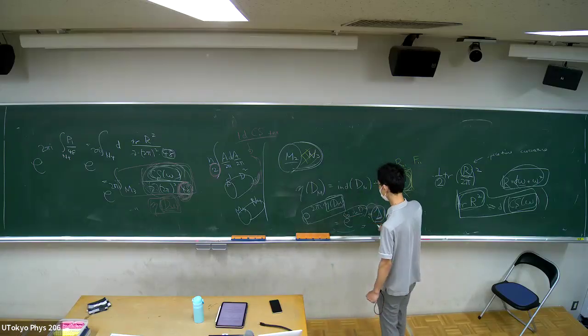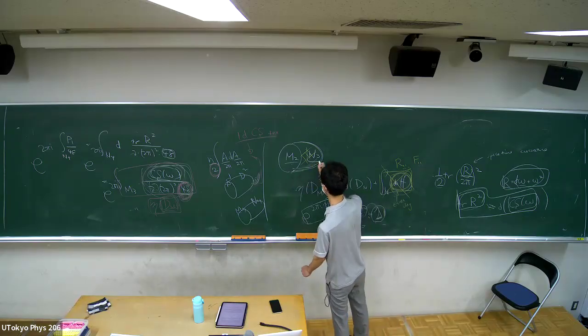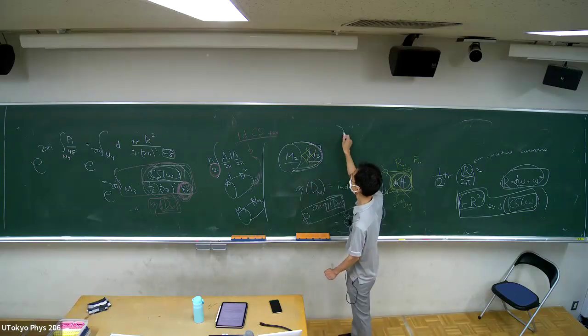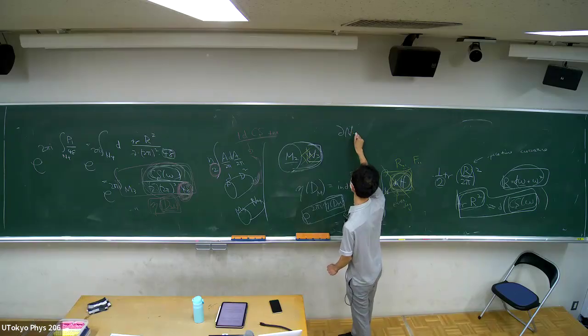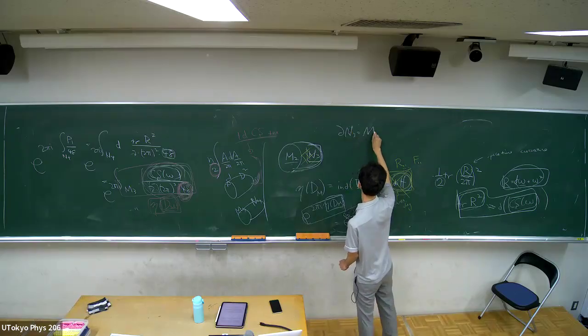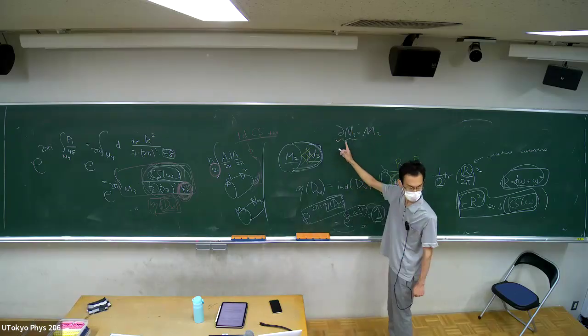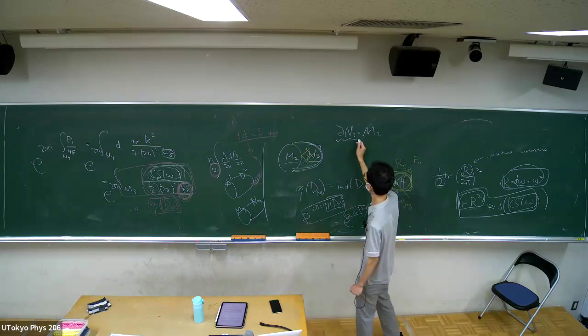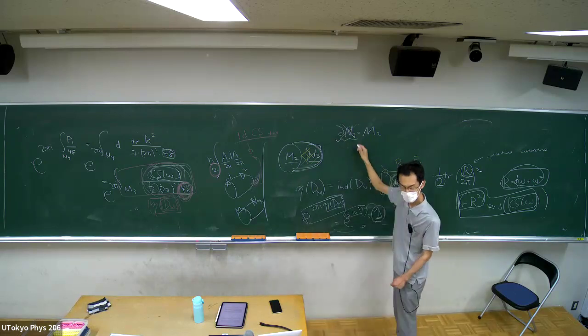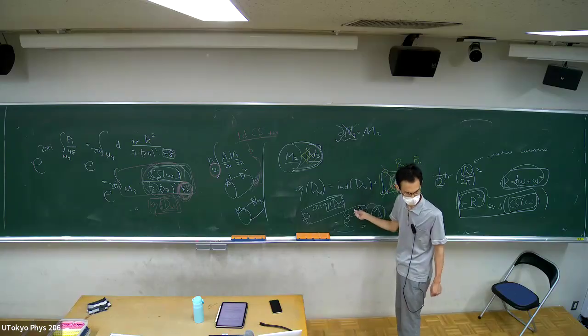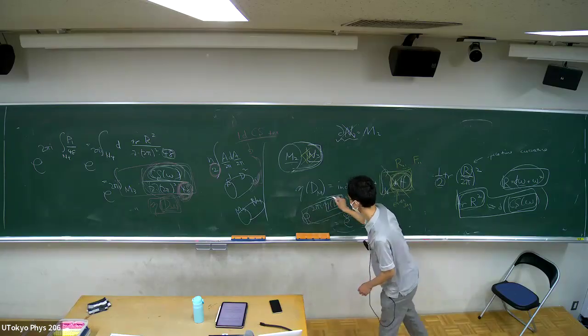But there's a catch. In this argument, I assumed that there is an N3 such that M2 is a boundary. So if there's no such N3, you cannot use this argument. So this can be non-trivial.